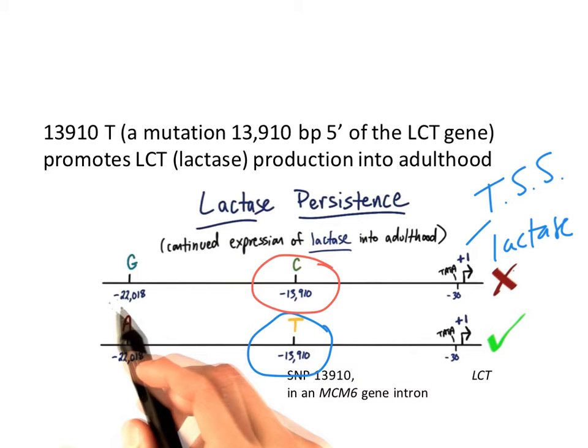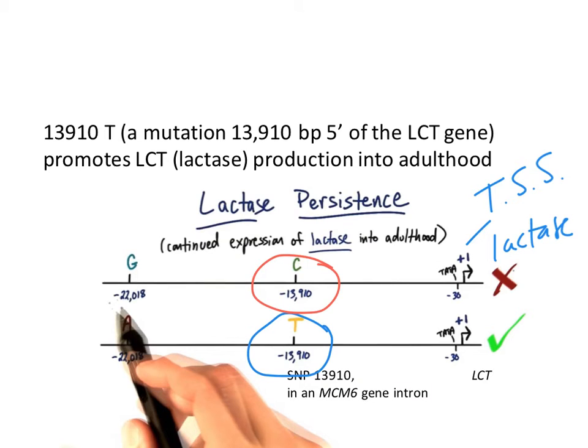It's at least partly caused by a single nucleotide change. How far away from the gene is it? In terms of how many base pairs away from the lactase gene is this mutation? 13,910 nucleotides. It's over 10,000 nucleotides away from the actual gene that encodes the enzyme that does lactose breakdown.